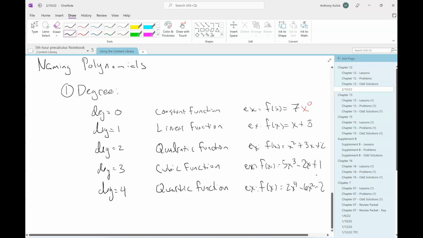So an example there might be 2x to the 4th minus 6x squared minus 2. So degree 0 is a constant function, degree 1 is linear, degree 2 quadratic, degree 3 cubic, degree 4 quartic. Like 4 quarters, degree 4 quartic.